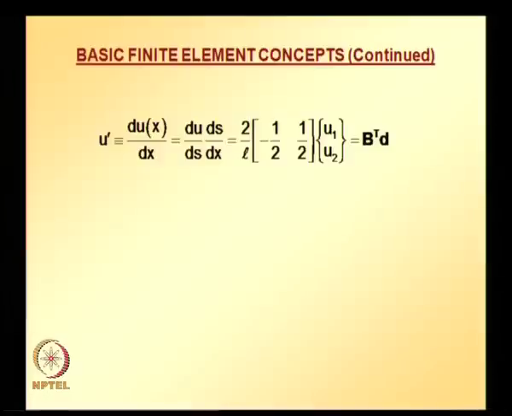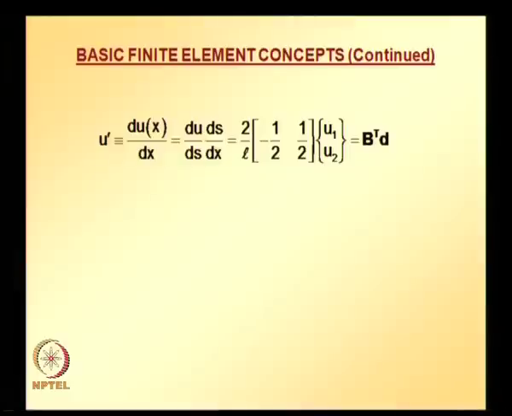So plug in all this information, you get 2 over L times a vector consisting of minus half, half, times a vector consisting of u1, u2, and this u1, u2 is denoted with d, and 2 over L times minus half, half is denoted with B transpose.